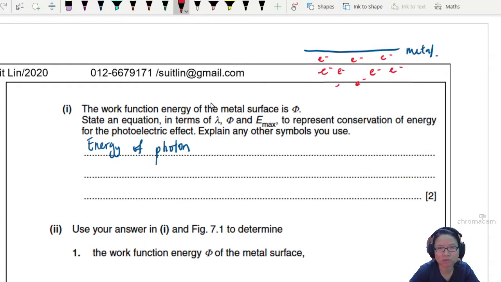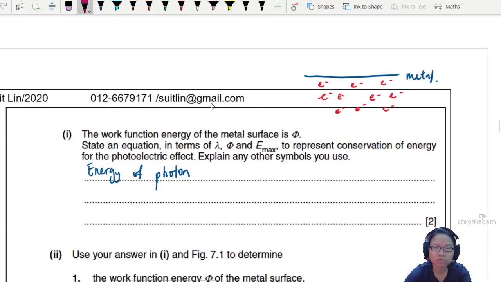I'm just going to draw a lot of electrons. Then we can send in some purple light of high frequency. These are your wave packets, or you could draw them in particle format. So this is the energy of the photon.